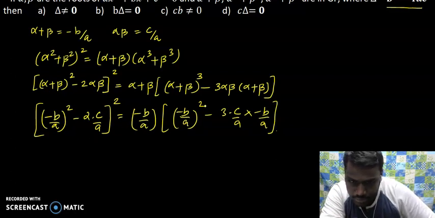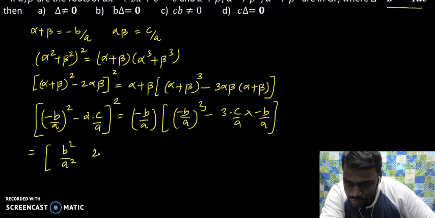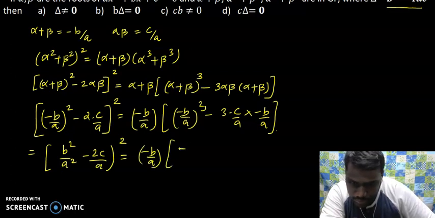So this is equal to b squared by a squared minus 2c by a the whole squared is equal to minus b by a times minus b cube by a cube plus 3bc by a squared.